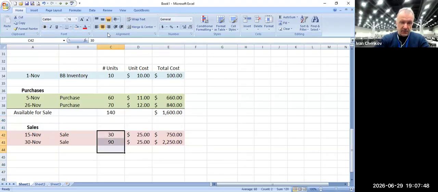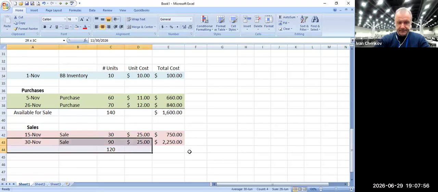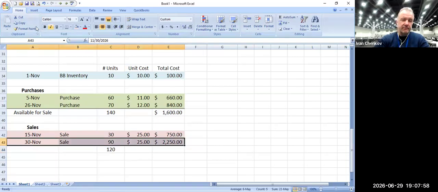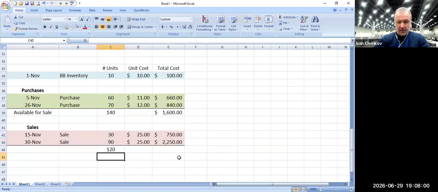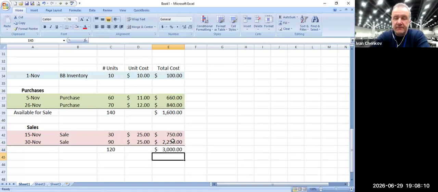My sales. I sold in total 120 units, as we can see. How much did we generate? Obviously, our total sales will be 750 plus 2,250, which have sales of $3,000. Why the $3,000?